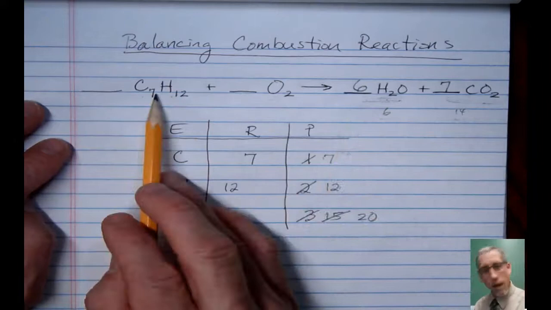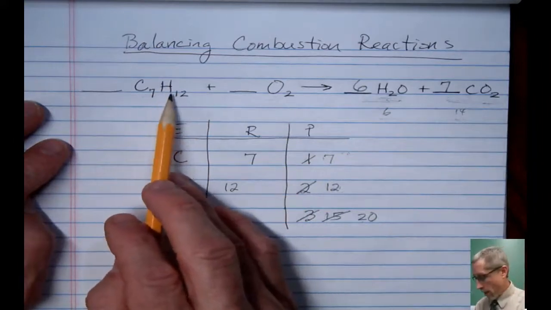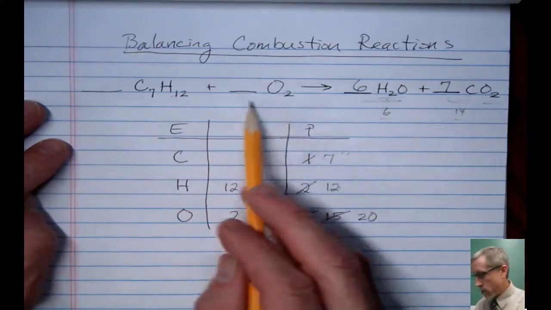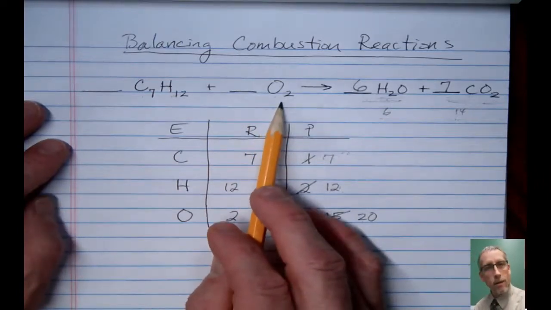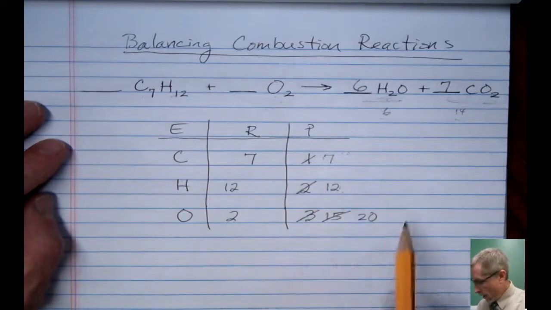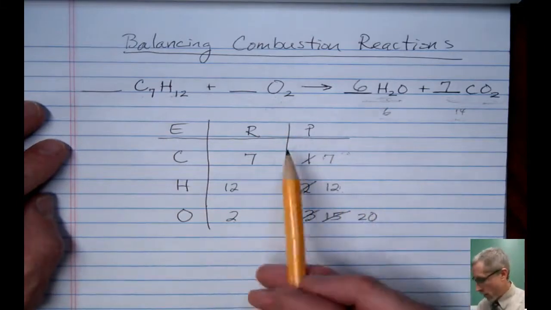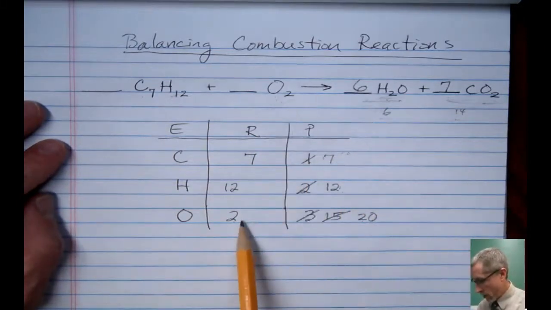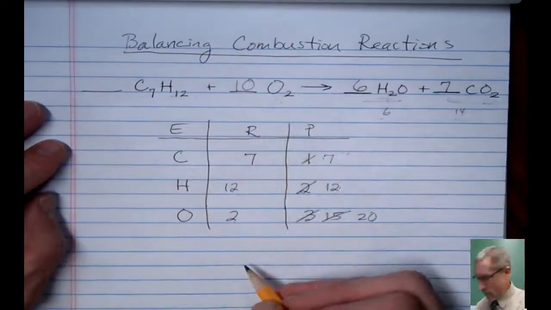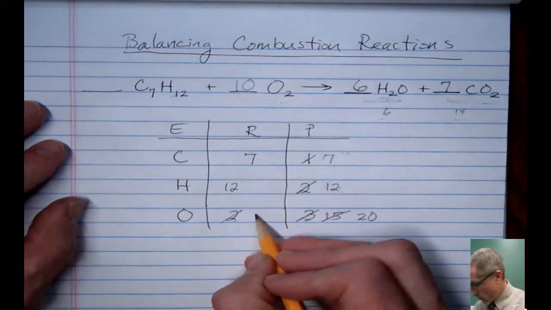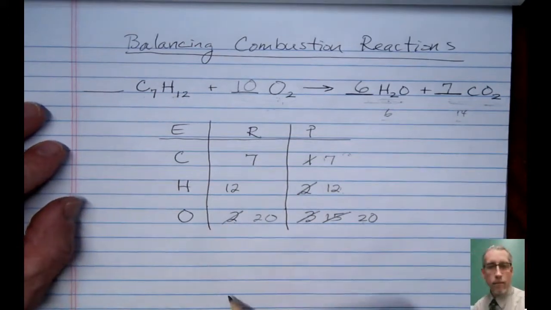Okay, now I don't have any oxygen in my first compound. So any change in oxygen will only happen here with this oxygen molecule. This is one of those we call a diatomic molecule. So I need 10 times as much oxygen over here as what I'm representing now. So a single coefficient of 10 will change this from 2 up to 20.